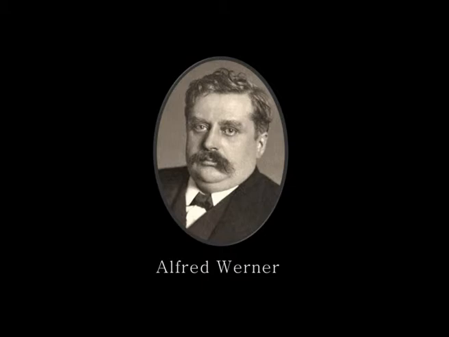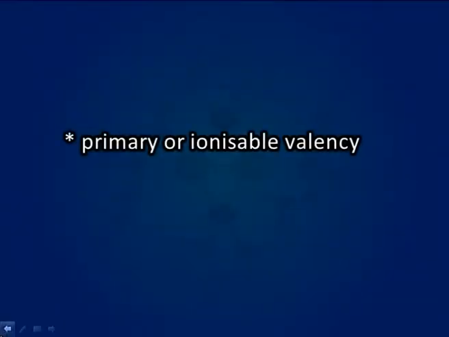The main points of this theory are that metals possess two types of valencies: the primary or ionizable valency, which must be satisfied by negative ions and is what is now referred to as the oxidation state, and the secondary valency, which has fixed directions with respect to the central metal and can be satisfied by either negative ions or neutral molecules.